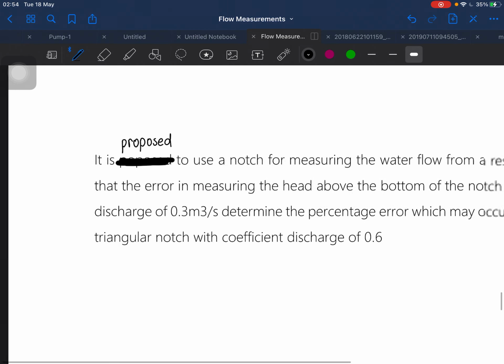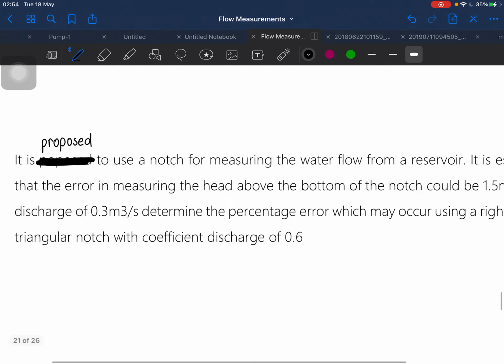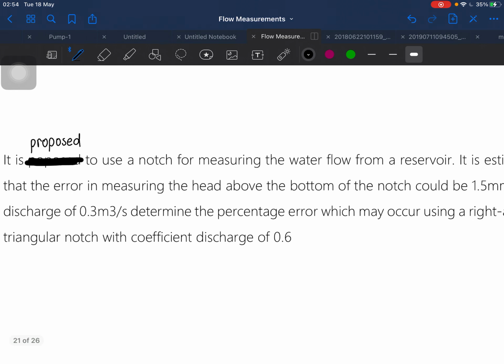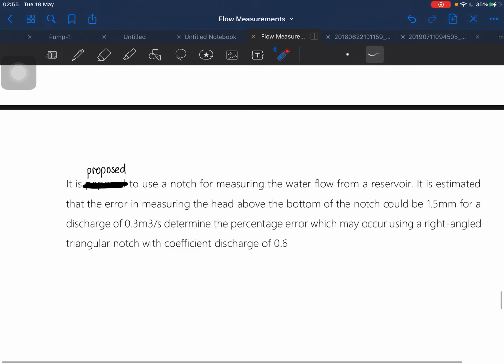It is proposed to use a notch for measuring the water flow from a reservoir. Sorry, I haven't checked the pronunciation for this word. It is estimated that the error in measuring the head above the bottom of the notch could be 1.5 millimeters for a discharge of 0.3 cubic meter per second.